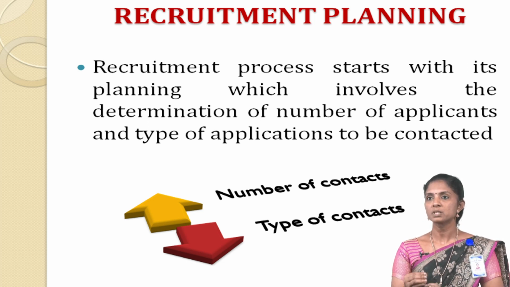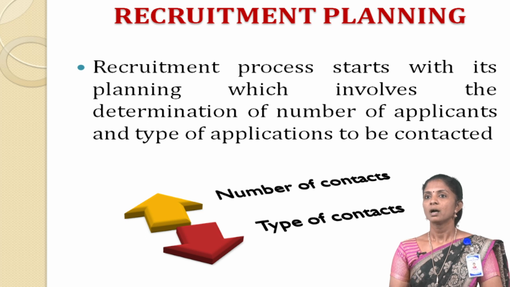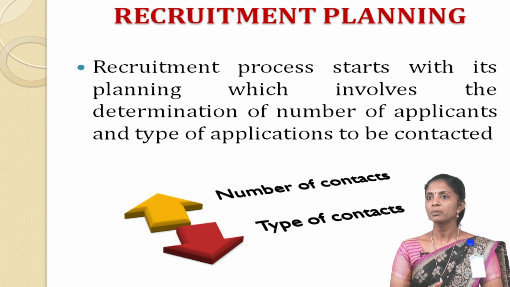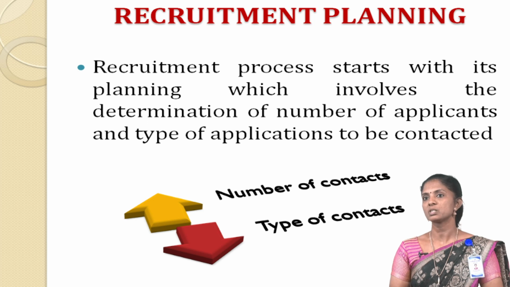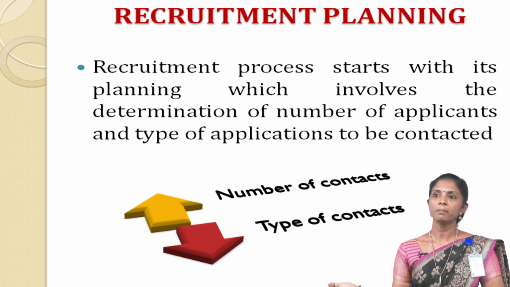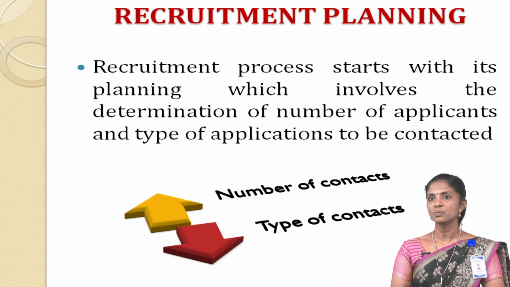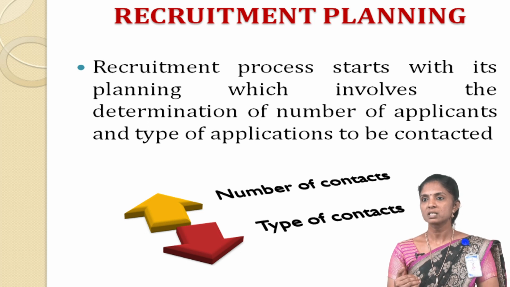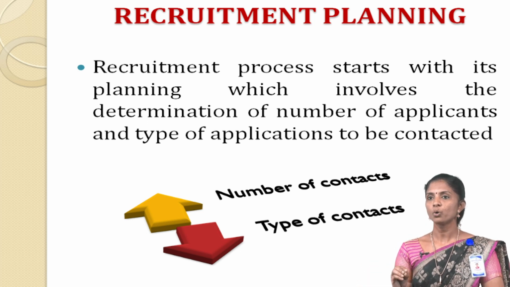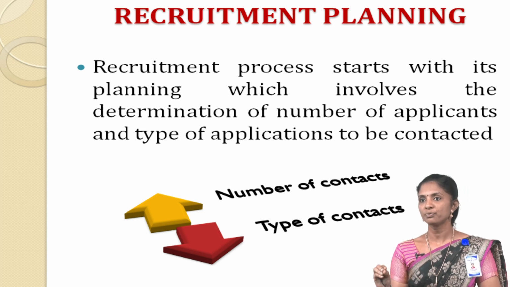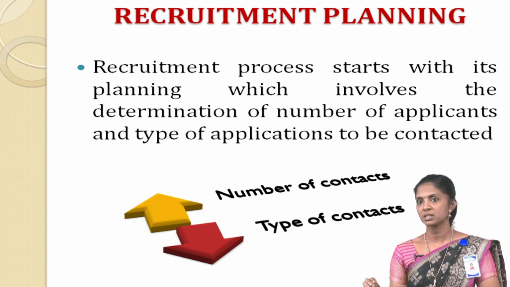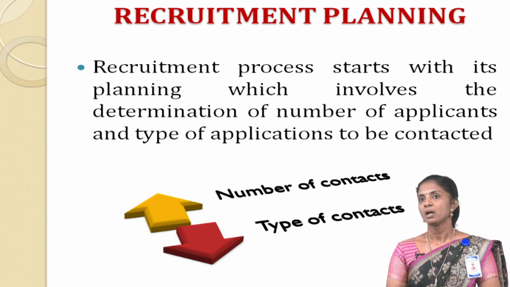This option is required because some of the candidates may not be interested in joining the organization. Some of them may not meet the criteria if selected. So the organization has to plan the number of applications it should receive in order to fulfill all its vacancies with the right personnel.